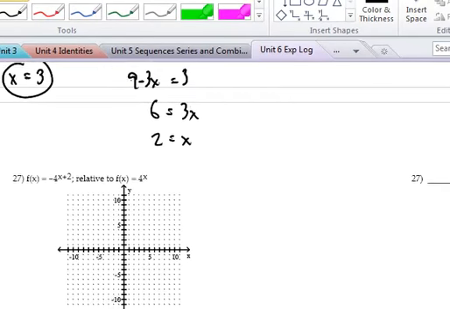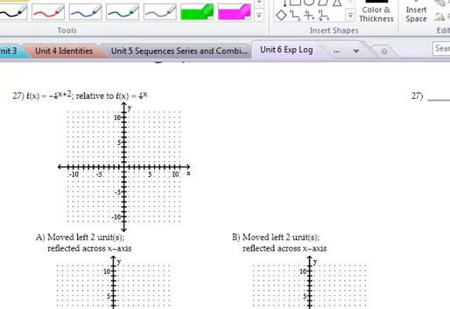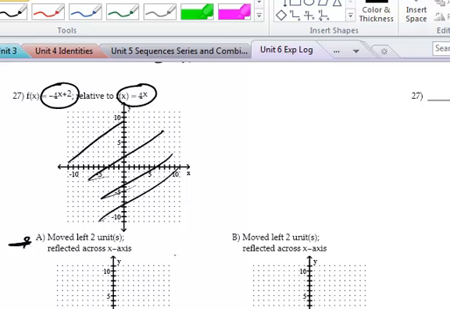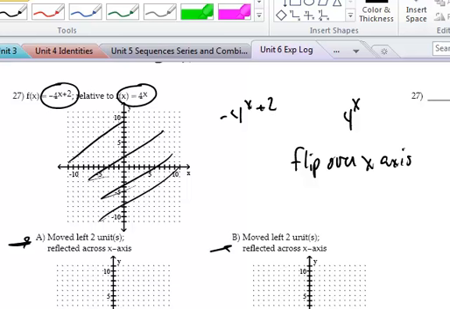On the next one, it says this function relative to this function, we don't even need the graph because they have all descriptions here. So when you look at negative 4 to the x plus 2, you're thinking it looks like, when you compare it to 4 to the x, we've got a flip over the x-axis, and we're moving.